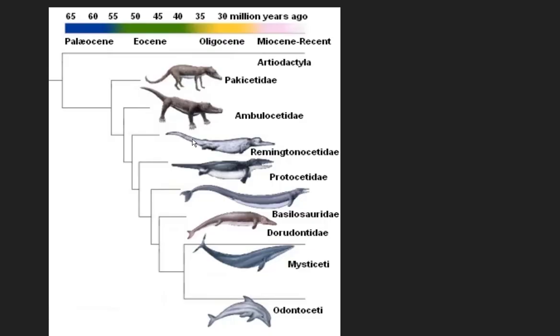Now, in 50 million years, maybe dolphins will have gills. Who knows? This is still a relatively new evolutionary change. I mean, these are mammals. These things right here, they lived after the dinosaurs went extinct.